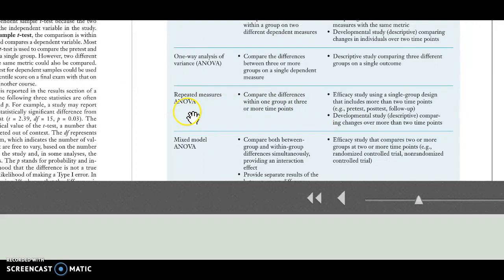A repeated measure ANOVA is used to compare the differences within one group at 3 or more groups, okay? So I'm going to say that again. Compare the differences within one group at 3 or more groups.